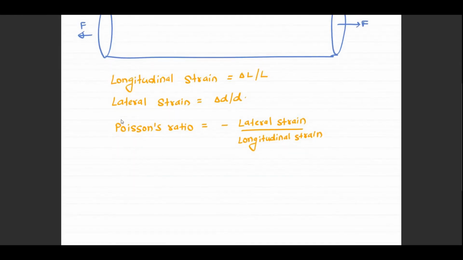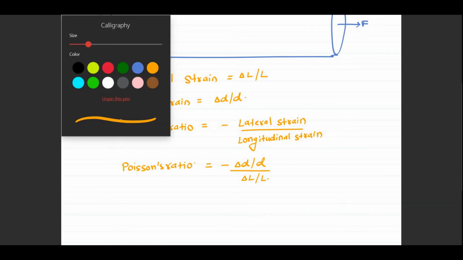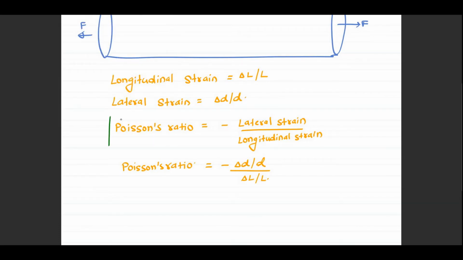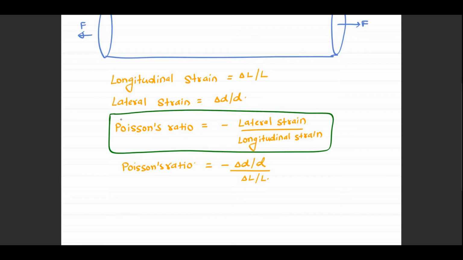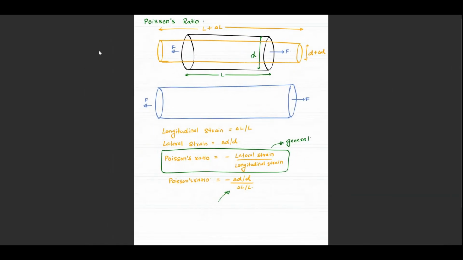So it becomes this, right. This is how we will define Poisson's ratio. So the general definition is this. For our case, we got this result, right? You can note this down.